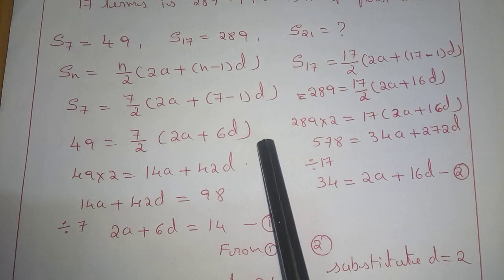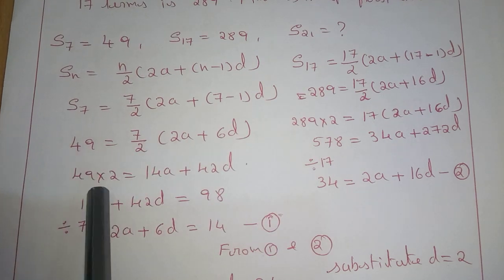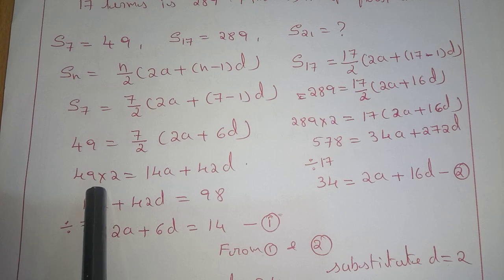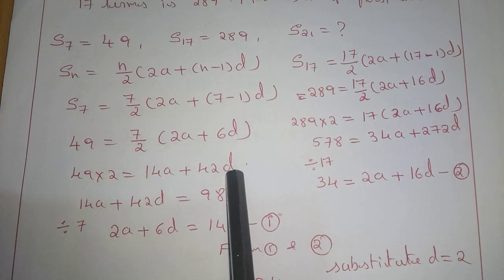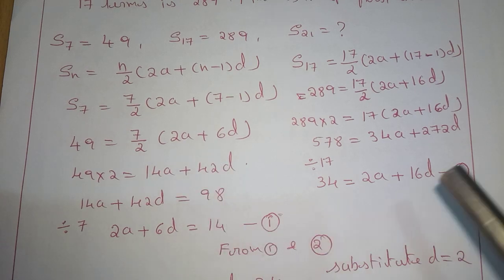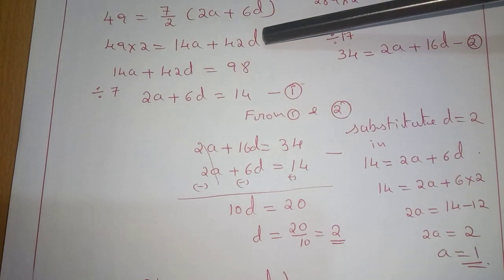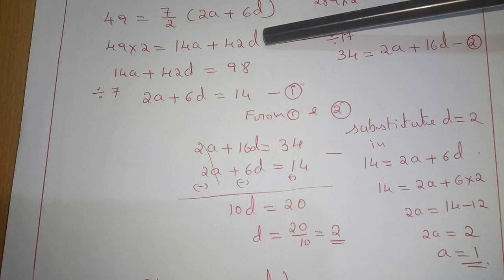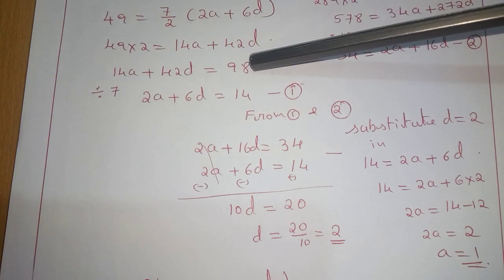Shift 2 to the other side, it will become 49 into 2 is equal to 7 2s are 14a, 7 6s are 42d, with a plus sign in between. 49 into 2 is equal to 14a plus 42d. 49 2s are how much? 98. 14a plus 42d is equal to 98.